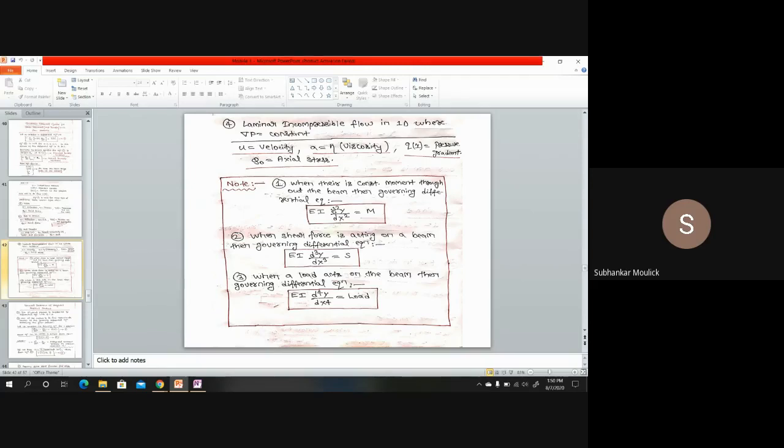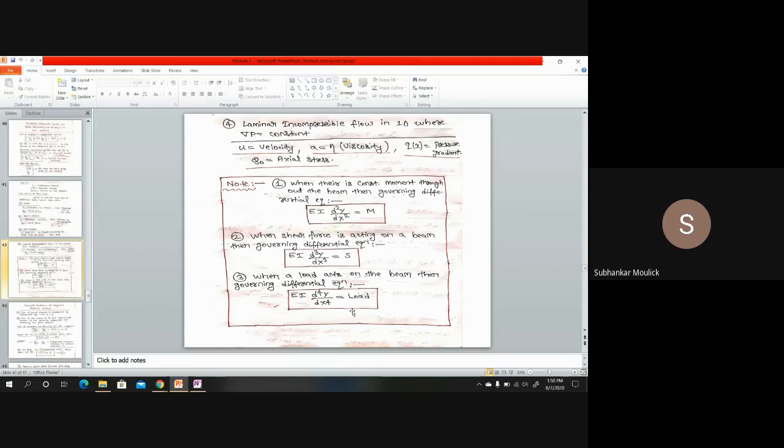Similarly, if in that same problem shear force is acting, and due to shear force deflection is happening, then you have to change the governing differential equation. That differential equation becomes EI d cube y by dx cube is equal to S. S is your shear force.